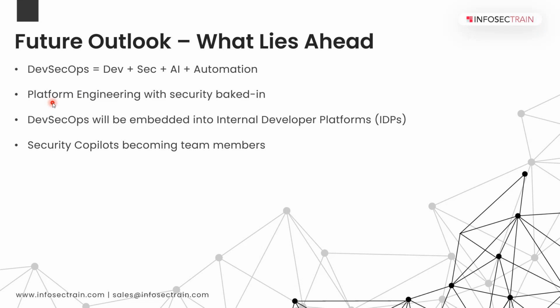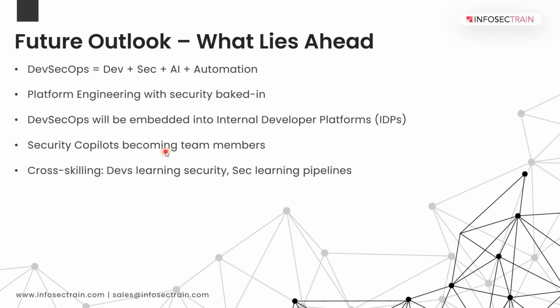And team, circling back to the question, have you worked on GitHub Copilot by any chance in your day-to-day activity or not? Okay, superb. All good. Here, security copilots are becoming your team members, because in the last two organizations, they made GitHub Copilot usage mandatory. So I have to get the code from the security copilot.